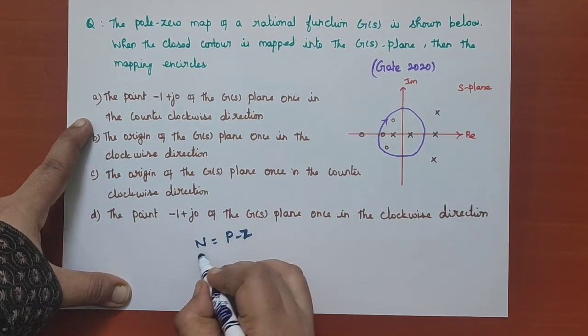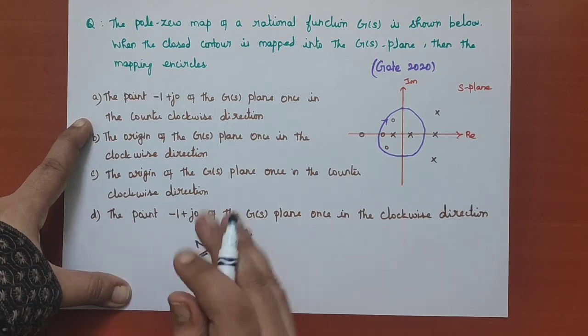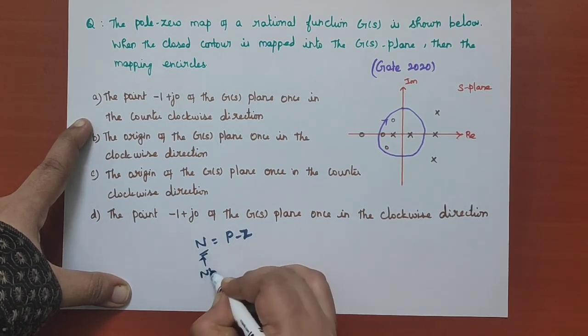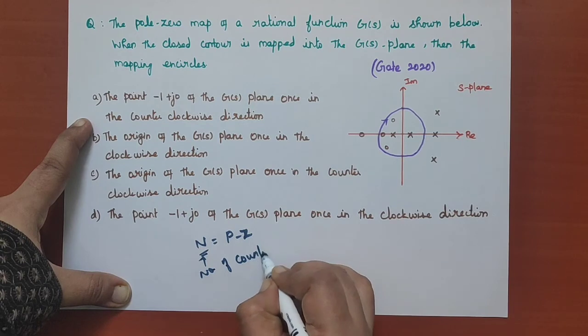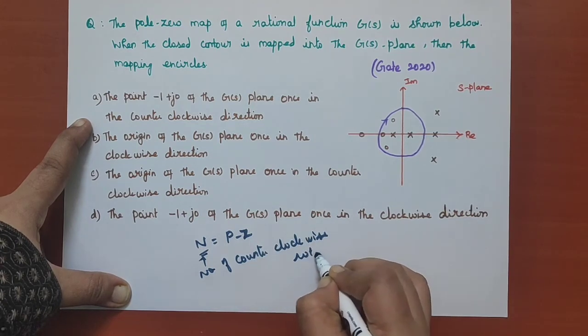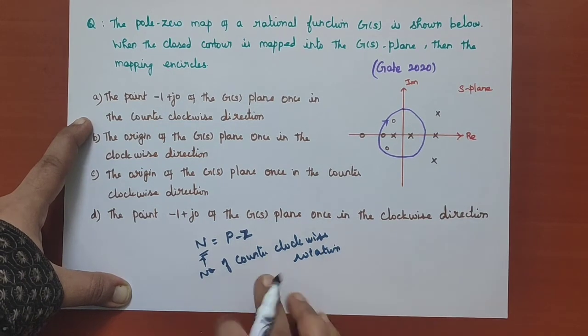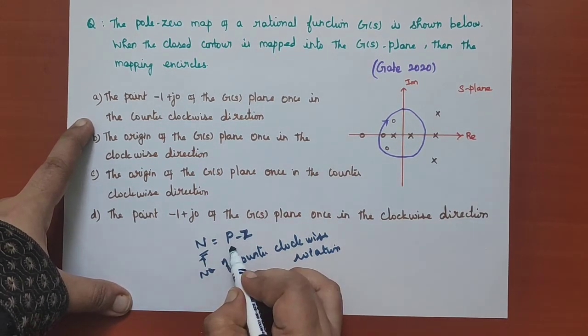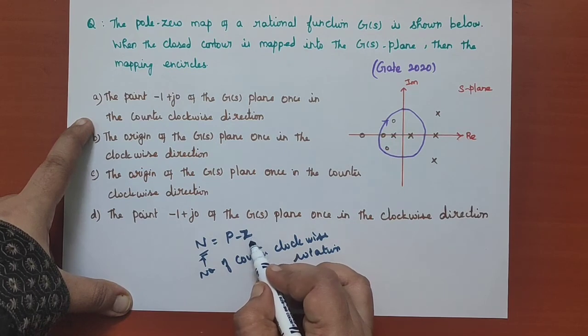So now what is N? N is the number of counterclockwise rotations about the origin. P is the number of poles and Z is the number of zeros.